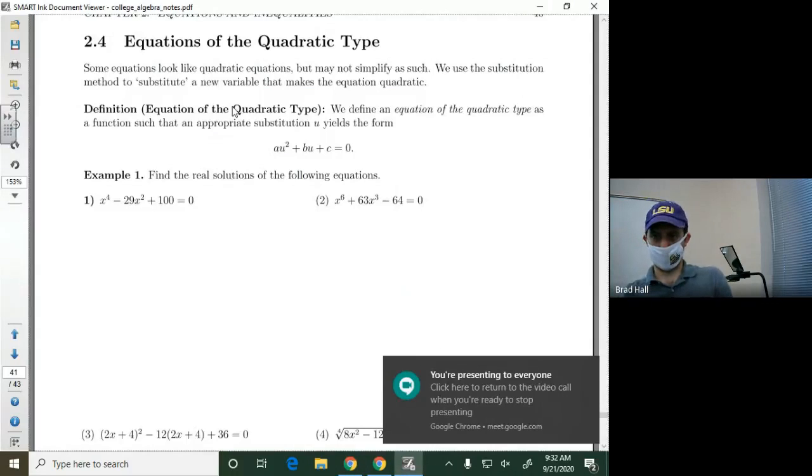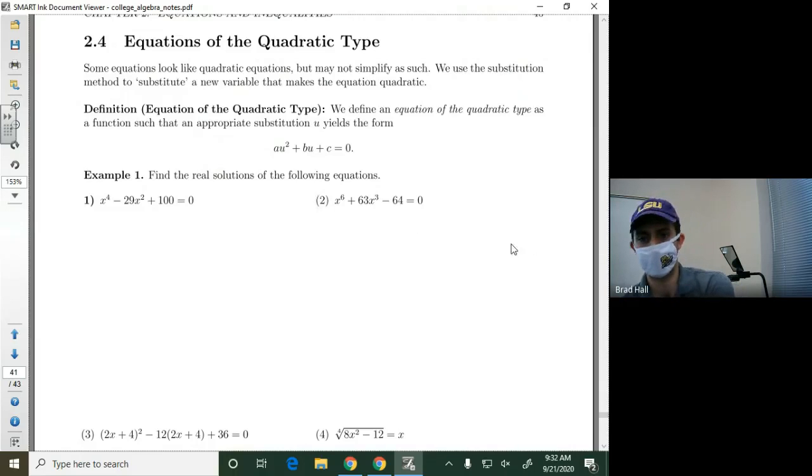So last time in class, we were talking about equations of the quadratic type, and we did the first two examples here. Just as a refresher, what this comes down to is forms that look quadratic. They are of the quadratic form, but we can't necessarily apply quadratic steps to them because they are not, in fact, quadratic.